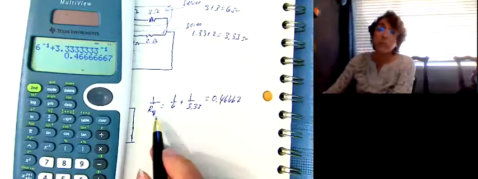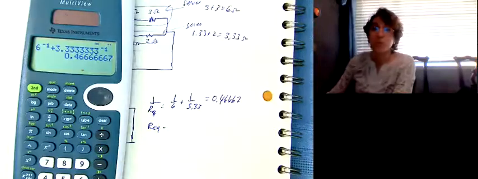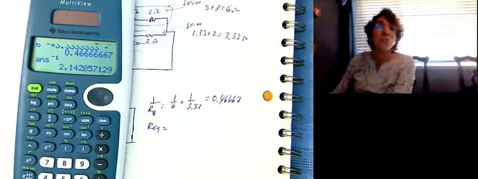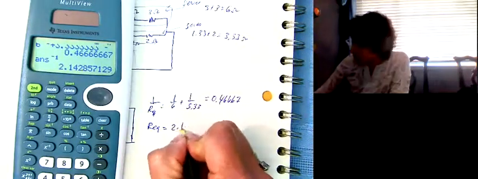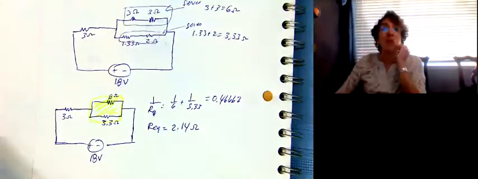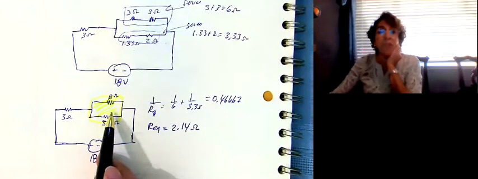But I want the inverse, this is the reciprocal. So what is the equivalent resistor of that? Let's take the reciprocal. There it is, 2.14 ohms.